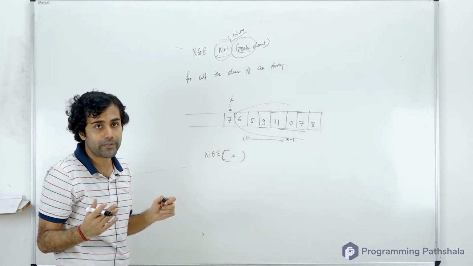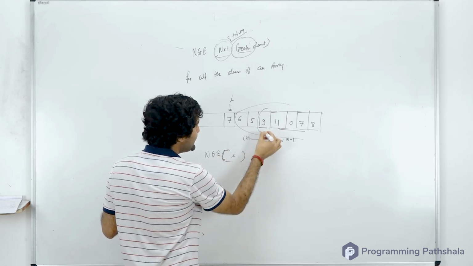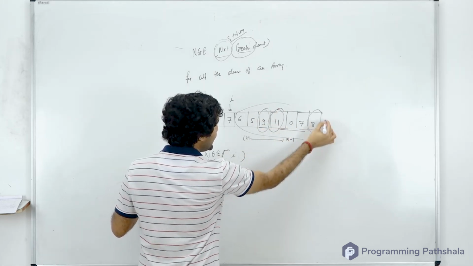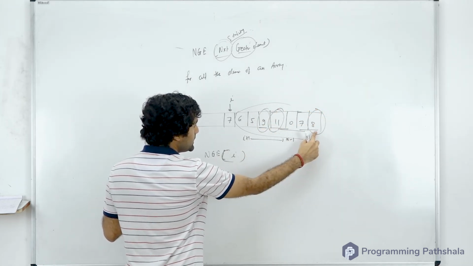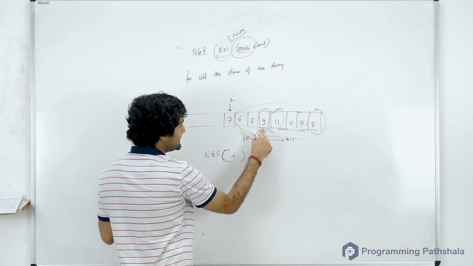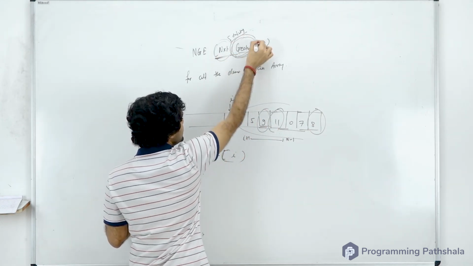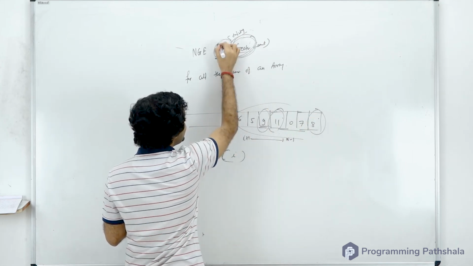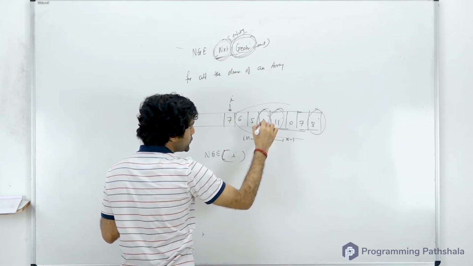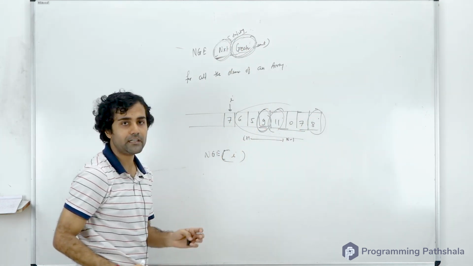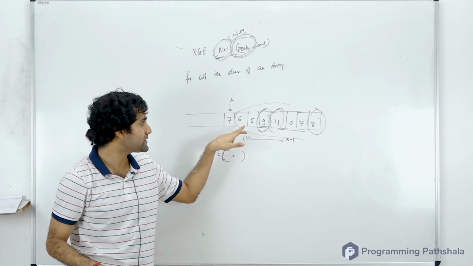See, 9 is greater, 11 is greater, and 8 is greater, but both 11 and 8 are farther than this 9. So this 9 qualifies to be the next one. Greater applies to all three, but next can only apply to the first of these three. So for 7, the next greater element is 9.